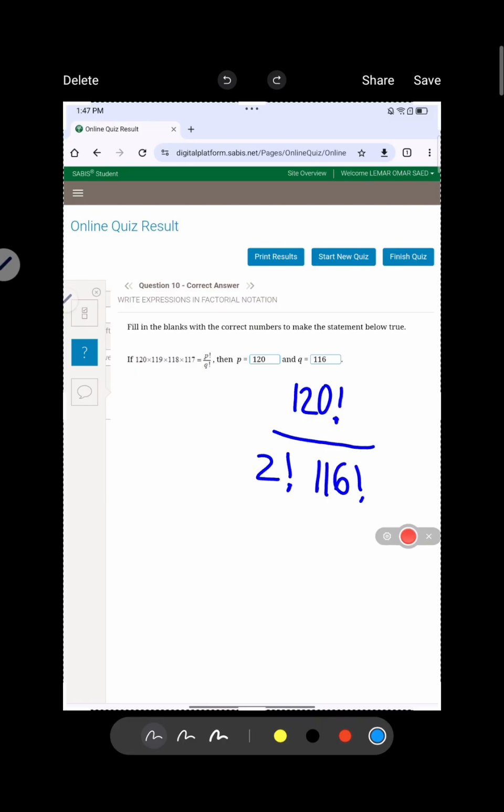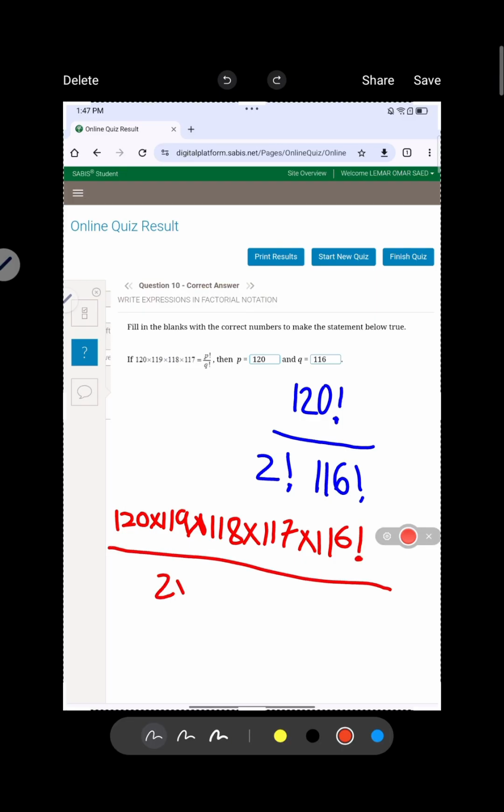Yeah. But sometimes you break it down. When you break it down, 120, 119, 118, 117, 116 factorial over 2 times 1, and then 116 factorial. Then you cross. Okay, this is basically the same thing.